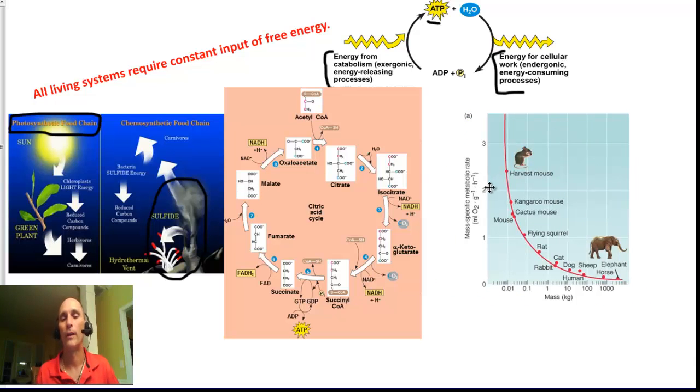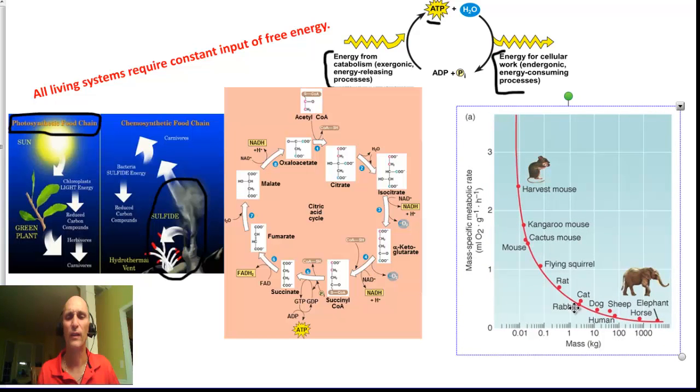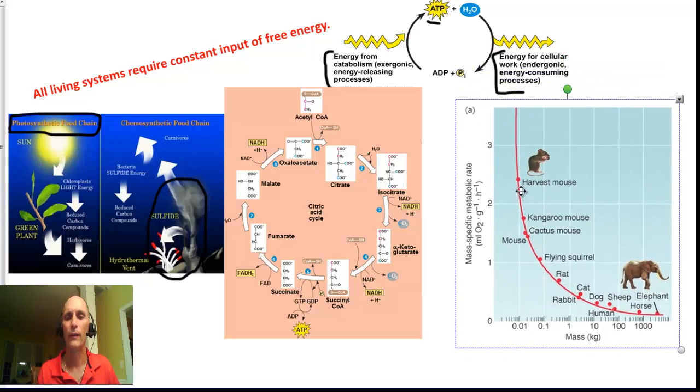Now, metabolic rate is something that we're going to see a fair bit in this one that we haven't seen too much in the past. You can kind of estimate what's going to happen: the smaller organisms are, the higher their metabolic rates are going to be. Their heart rate would be faster, they would need more energy per unit mass, so a harvest mouse compared to an elephant would be much higher in terms of its energetic demands relative to its body size.